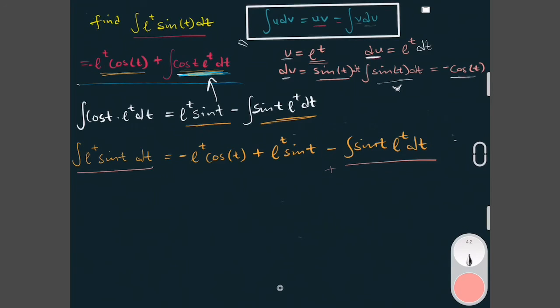If we add this to both sides, we get 2 times the integral of e to the t sine of t dt is equal to negative e to the t cosine of t plus e to the t sine of t.